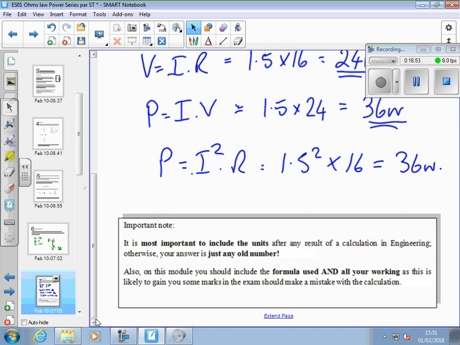Also on this module, you should include the formula used and all your working, as this is likely to gain you some marks in the exam should you make a mistake with the calculation. So by showing your working, you'll get marks for the bits up to where you went wrong.